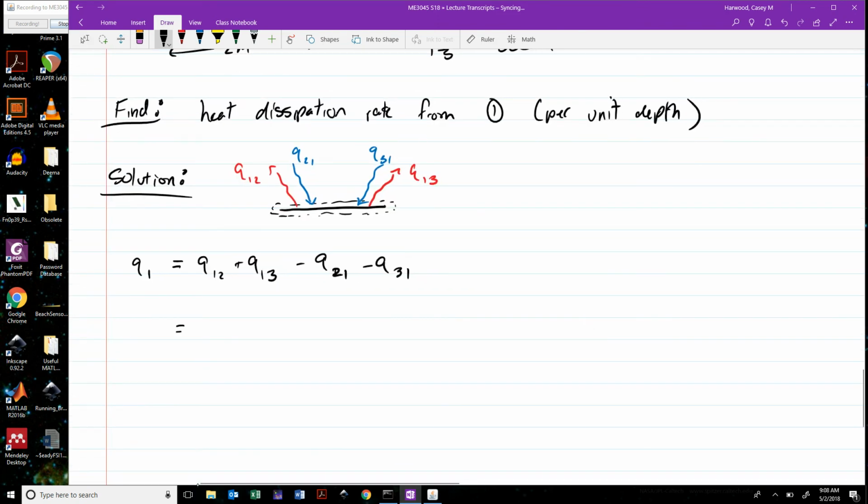All right. This is also equal to, and this is where we start writing things out in terms of radiation flux, A1 times the black body radiation of 1 times emissivity minus the absorptivity 1 times A1 times G1.